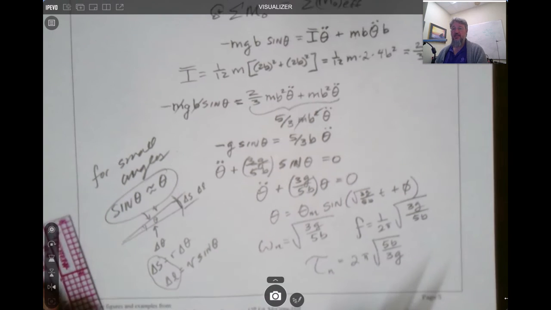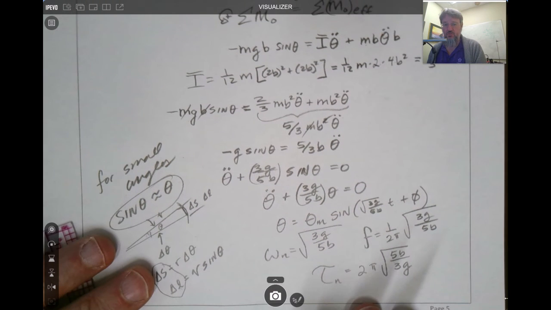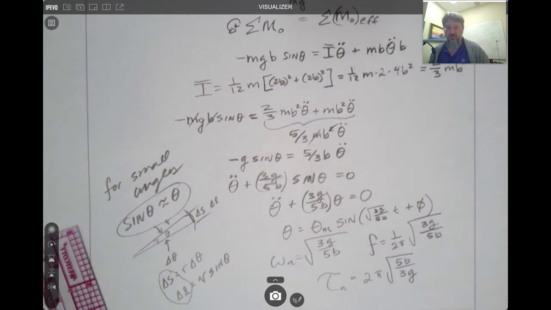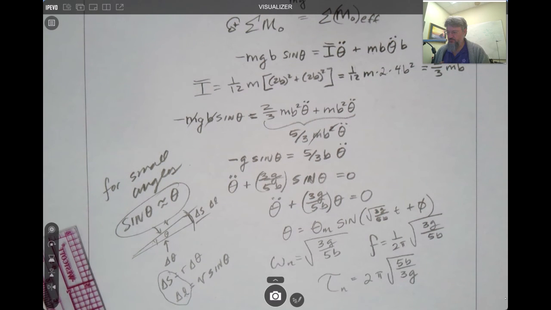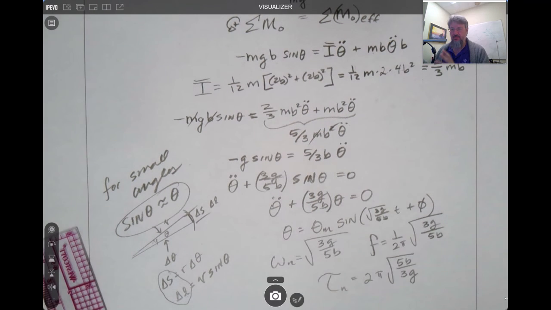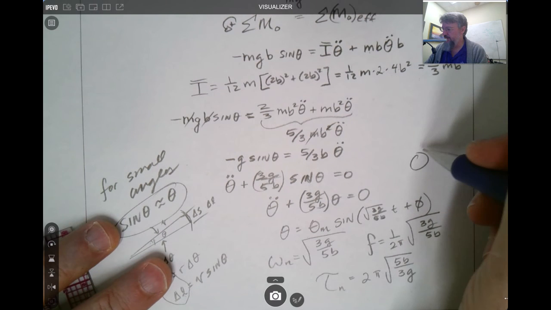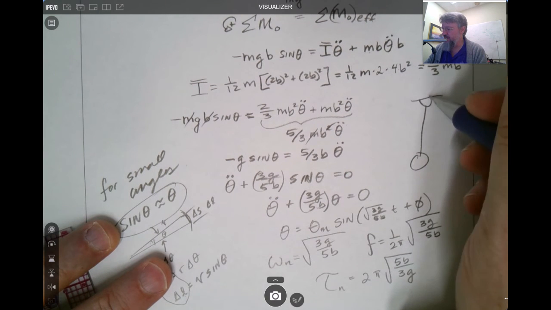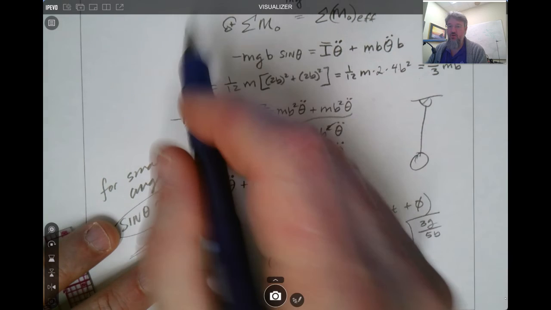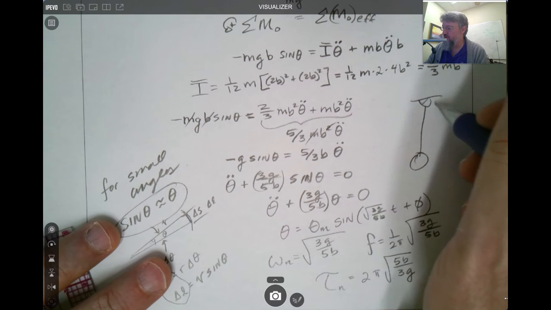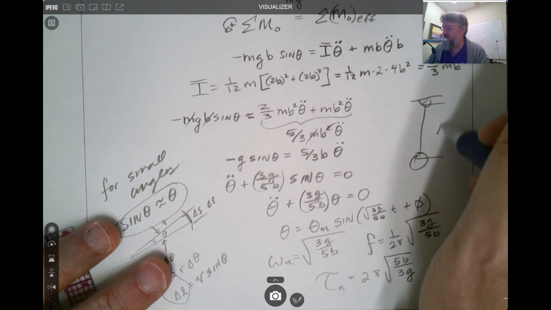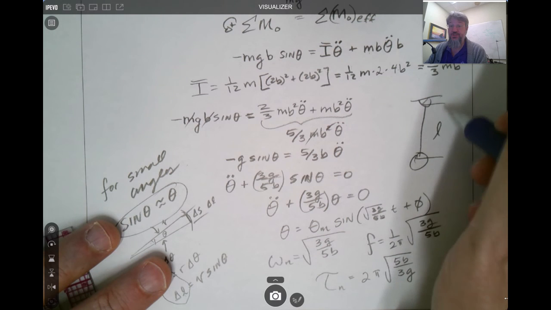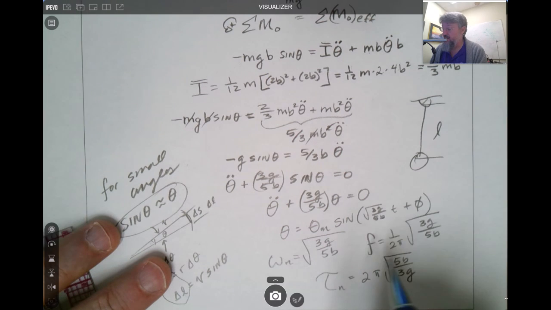Now, one last thing to know about rigid body oscillation that we might want to use is that because a pendulum is a standard, very common thing, we would measure our rigid body compared to the equivalent length that we would need for just a pendulum on a string that would give us the same results.